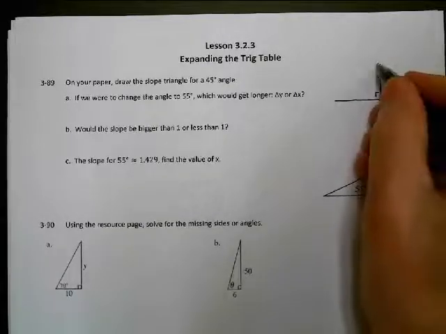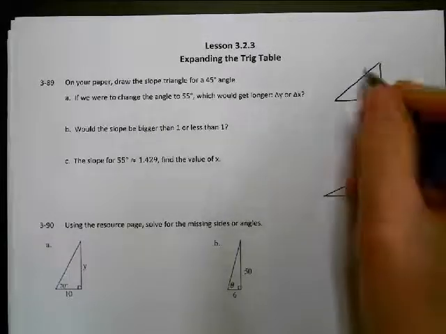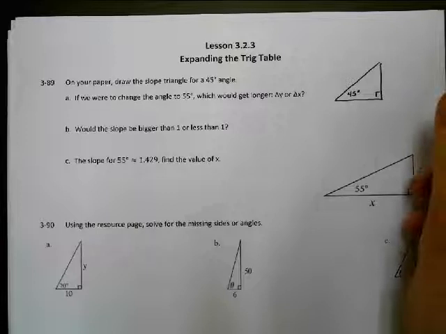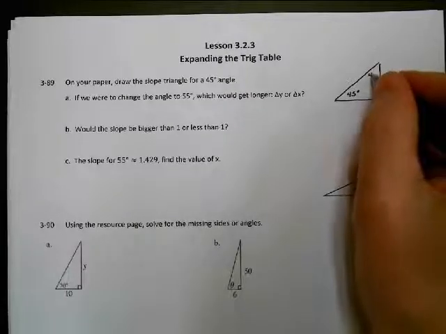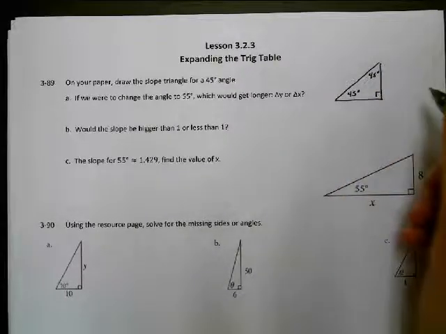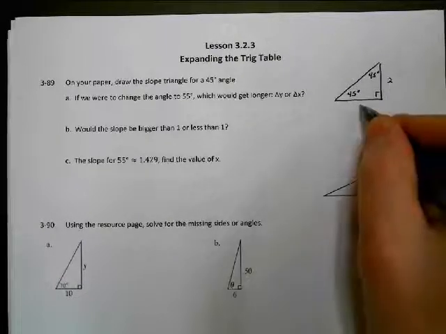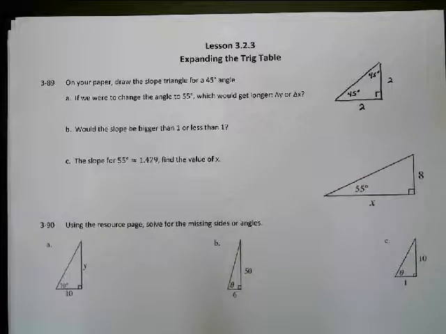We know that in a 45-degree angle, this would be an isosceles right triangle because both of these sides would be the same. So if this side were 2, this side would also be 2.